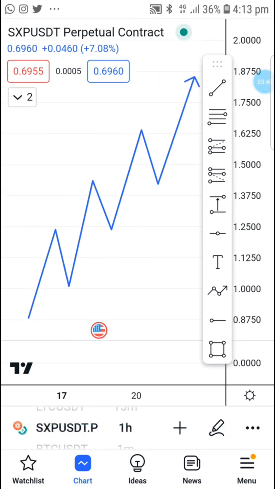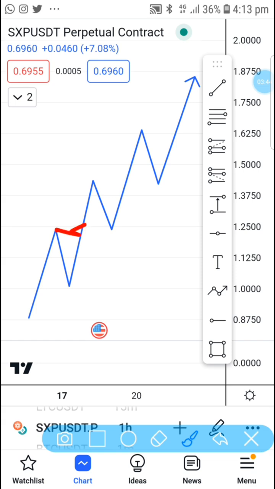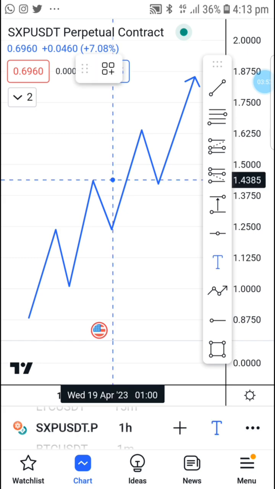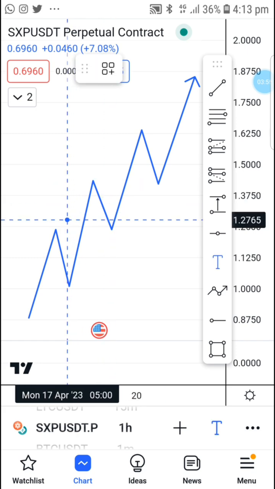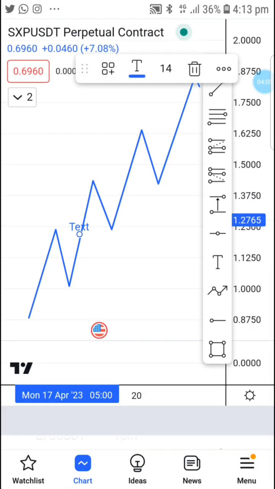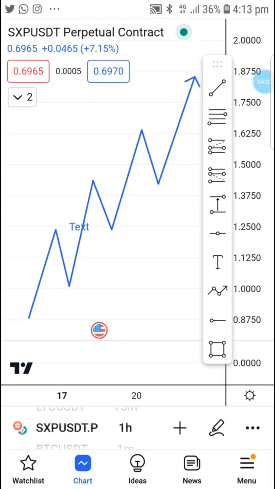Now we want to talk about this range that is in between the higher highs, which is what we call break of structure, and it is always tagged like this. Let me identify my break of structure.